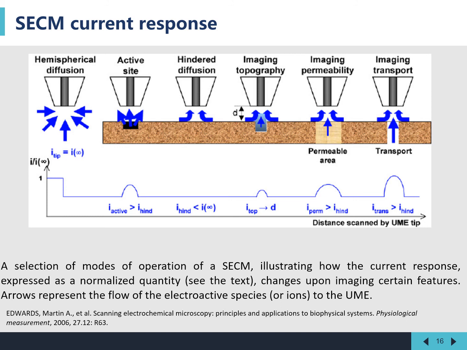The current response is very sensitive to the distance between the probe and the substrate. Therefore, if a probe is scanning over a sample surface which has topographical features, the current will be different. In the final case, the probe can be used to study the ionic current or the flow of the electroactive species over a nanopore or permeable membrane.